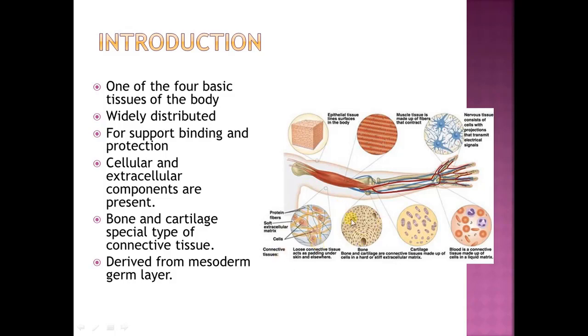We have cellular components, the connective tissue cells, and we also have extracellular components, which are fibers and ground substance. Bone and cartilage are also very special types of connective tissue, and all connective tissue is derived from a germ layer, the mesoderm, one of the germ layers, the other two being the ectoderm and the endoderm.